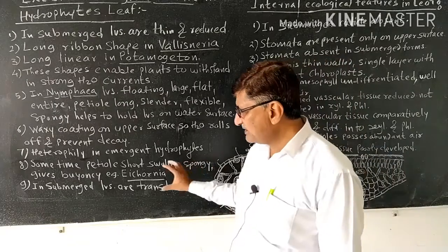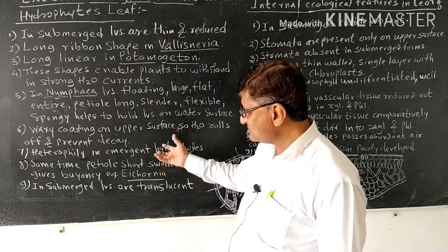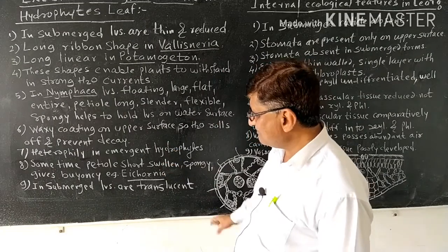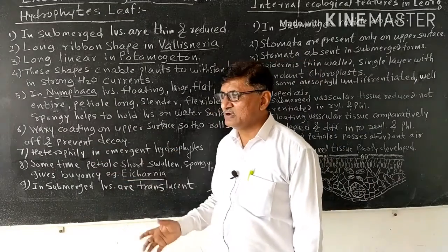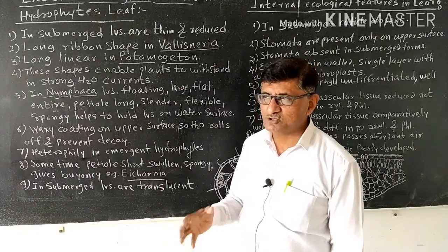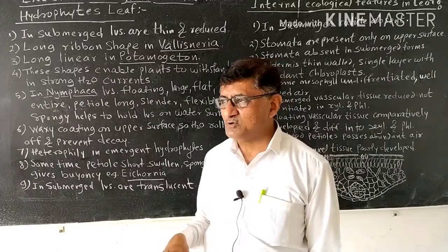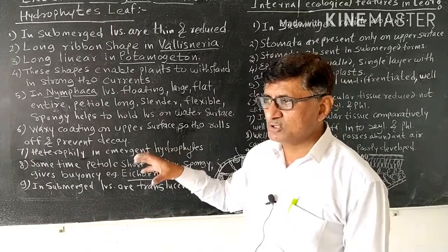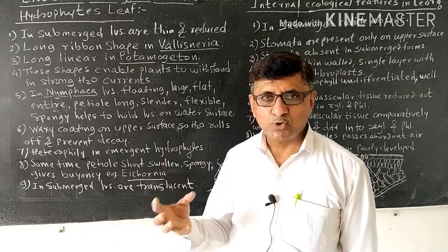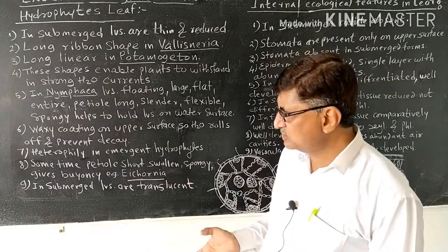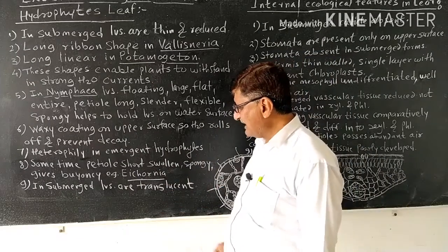So this structure gives buoyancy to the plant. For example, the Eichhornia plant floats on the surface of water. Why does it float? Because the reduced, swollen petiole stores air, and that air gives buoyancy to the plant.